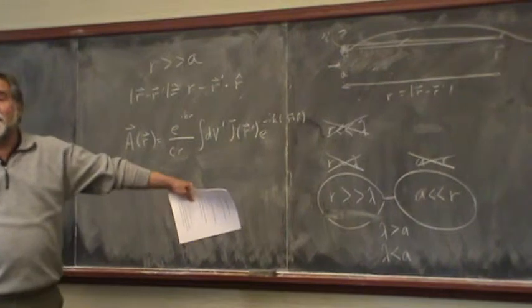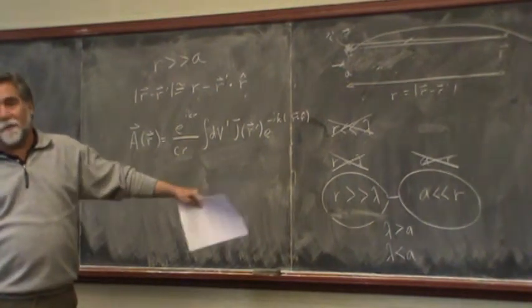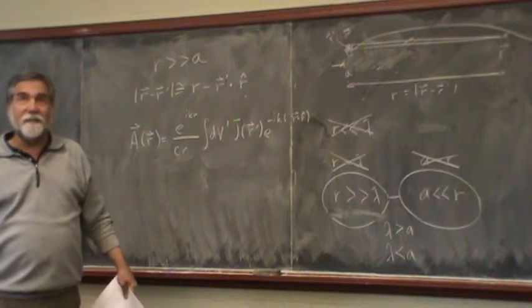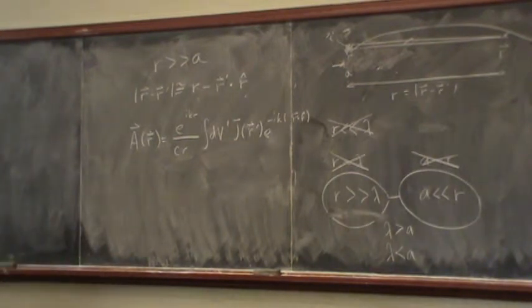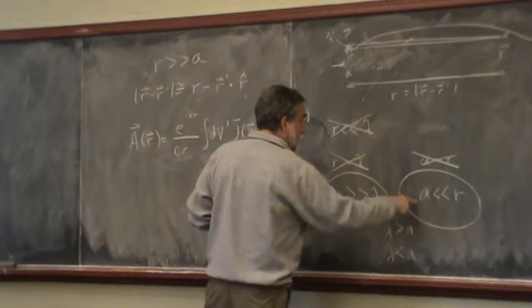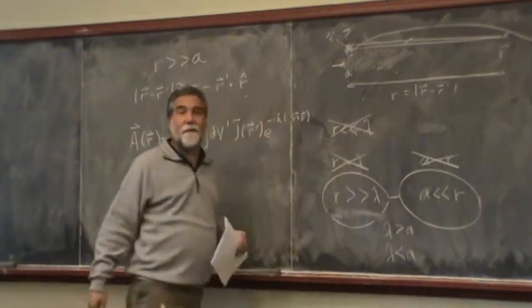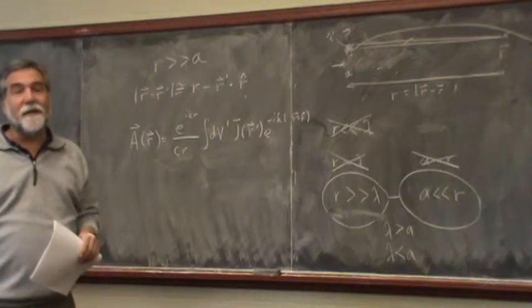I'm afraid I didn't mention those possibilities. So I could have 3 more. So it's 6 times 3. Just because lambda is less than R and A is less than R doesn't mean I can't have those relationships between lambda and A.